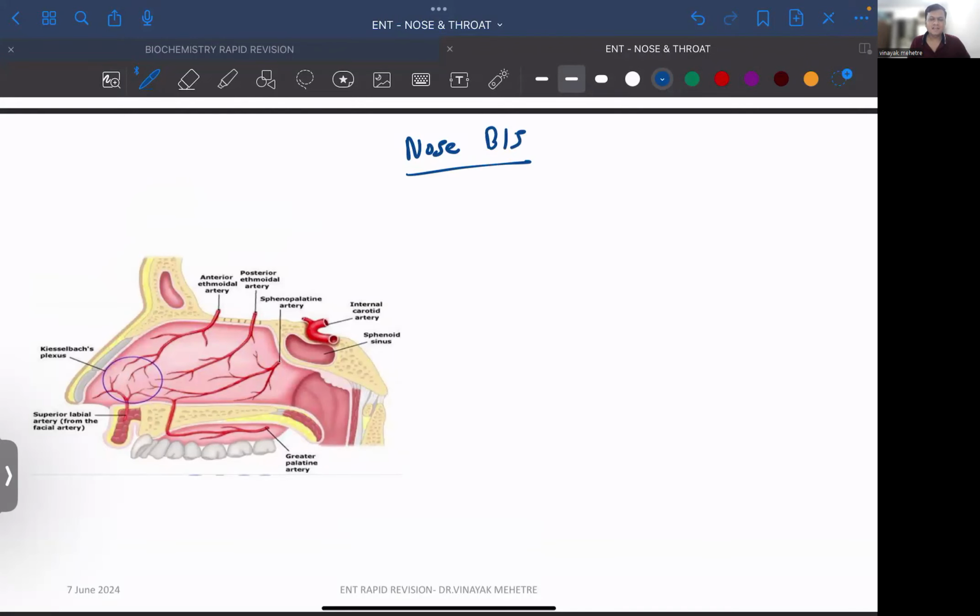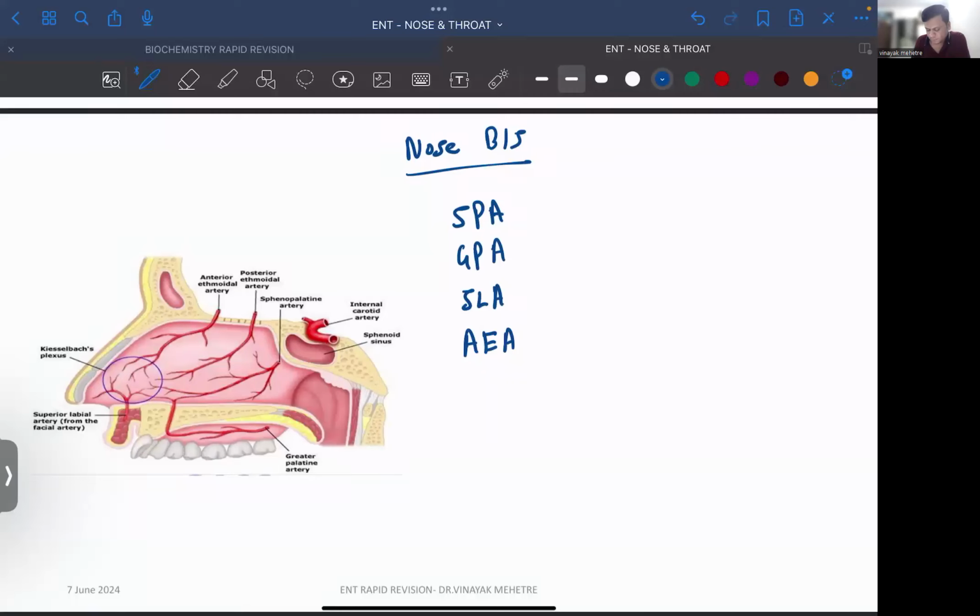First one is sphenopalatine artery. Second one, greater palatine artery. Okay, third one, superior labial artery. Fourth and fifth, anterior ethmoidal artery.